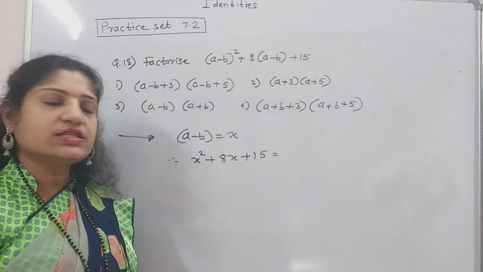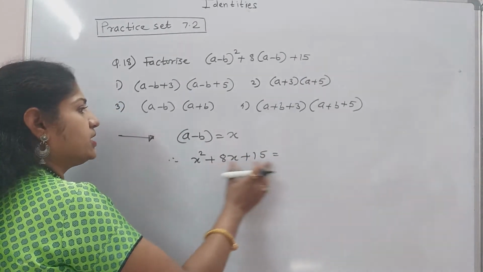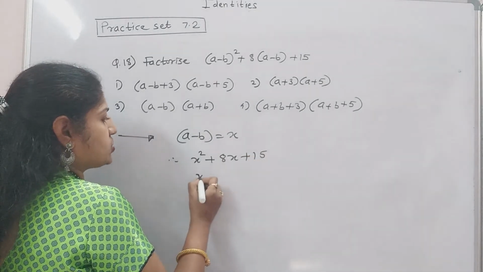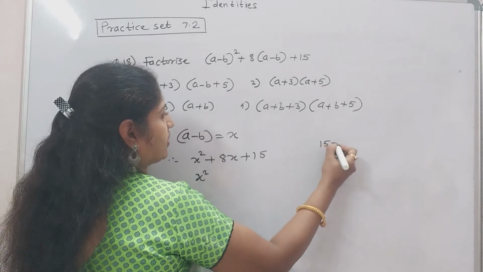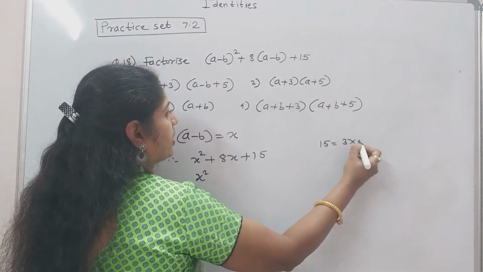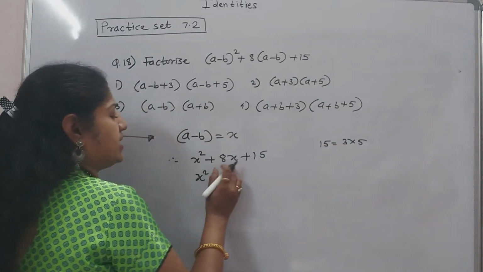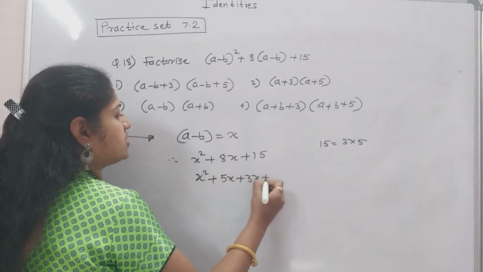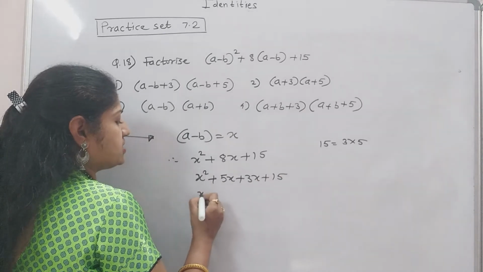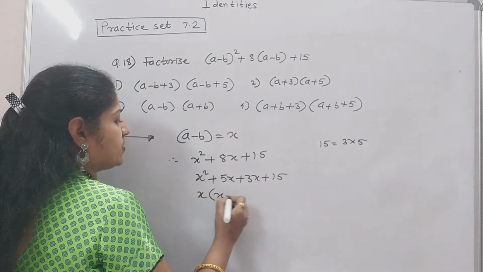Now solve this. Take the multiplication 15, the product is 3 into 5, and the addition of these two numbers is 8x. So x square plus 5x plus 3x plus 15.